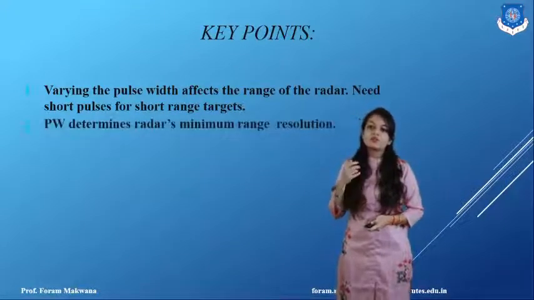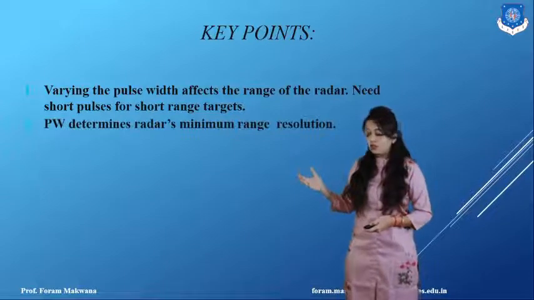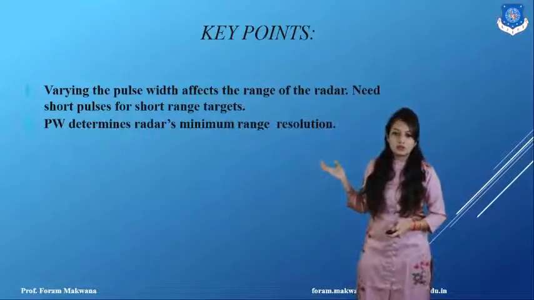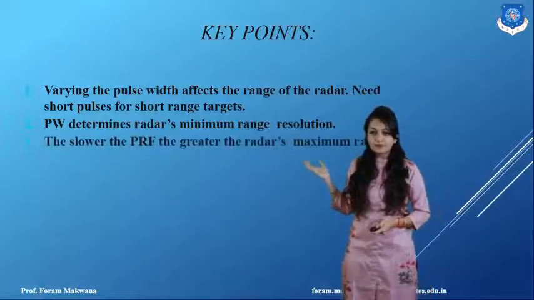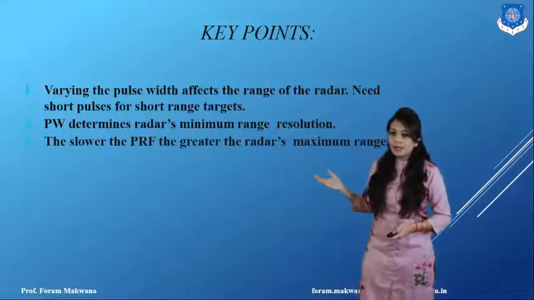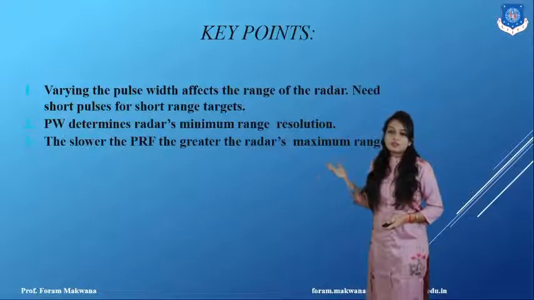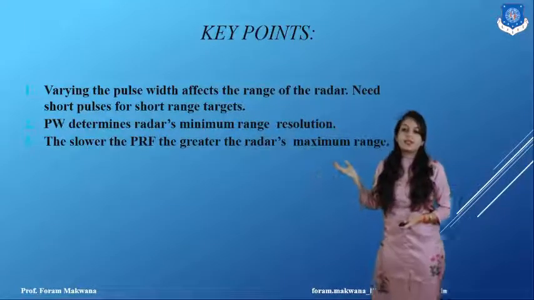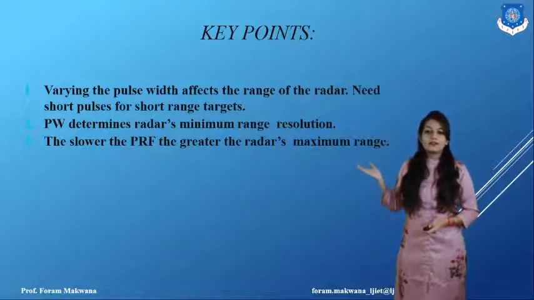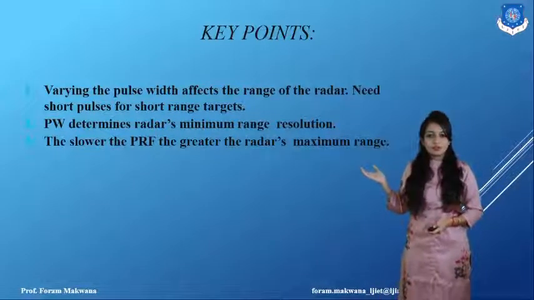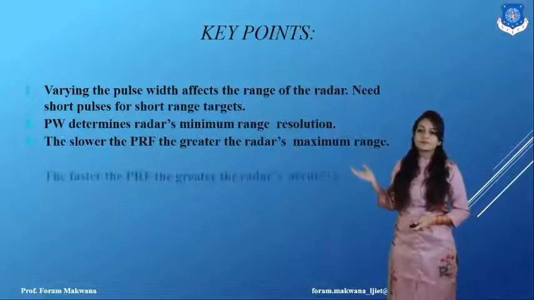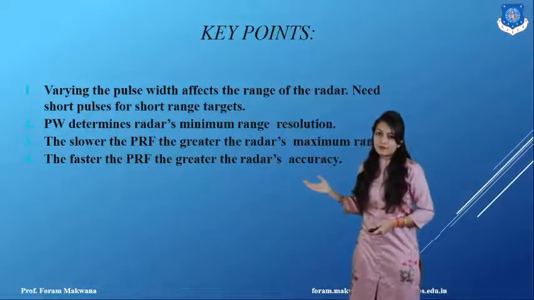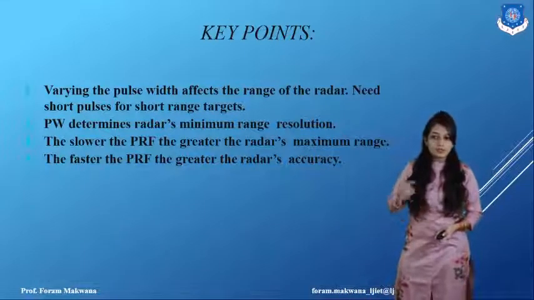Now, the pulse width will determine the radar's minimum range resolution. Third, by slowing the pulse repetition frequency, we are able to get the radar's maximum range. And by increasing the PRF, the accuracy is going to increase.